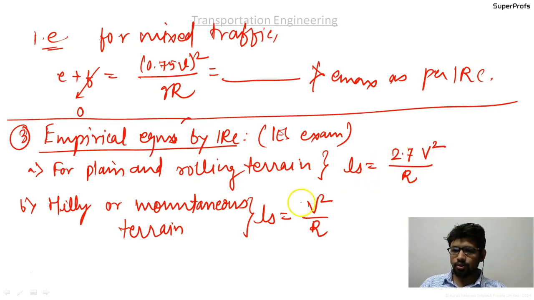In this formula they have just dropped this 2.7 value.